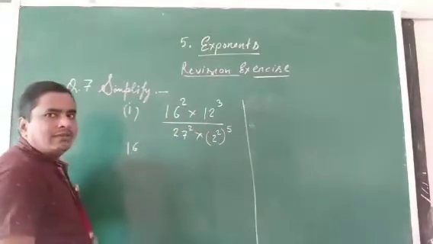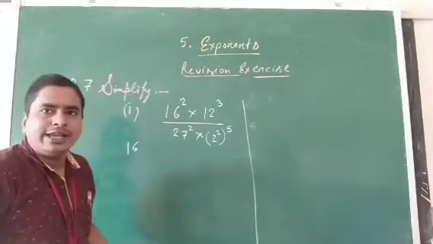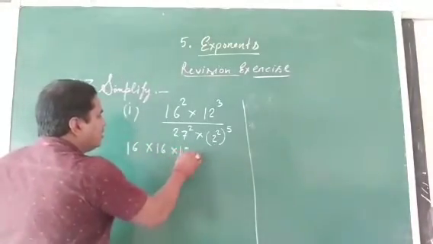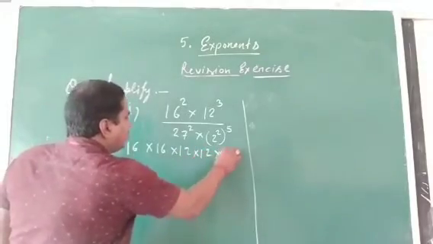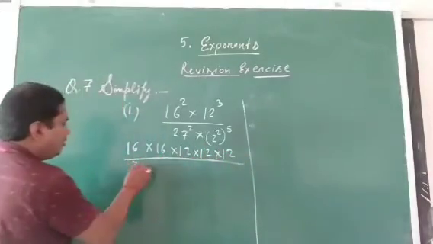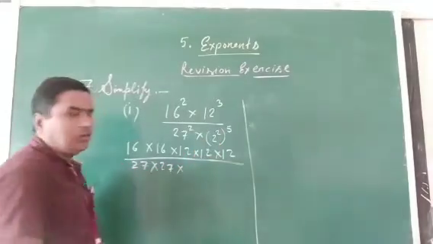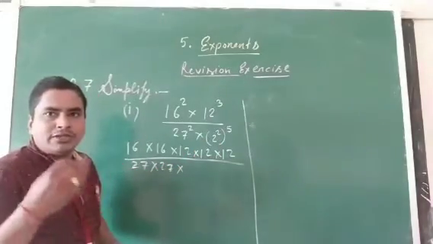By the direct method, means by expanding, we can expand it directly. So 16 into 16, 12 into 12 into 12, upon 27 into 27. Here 2 to the power 2 means 4.